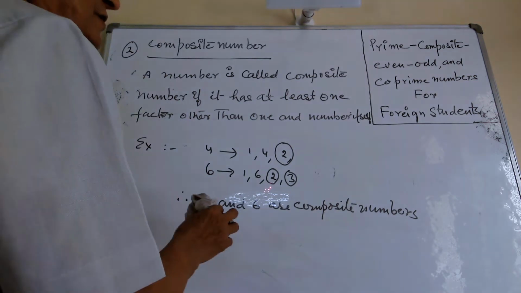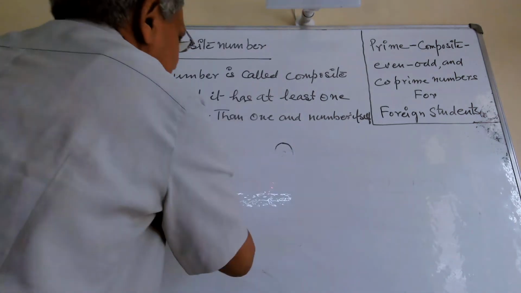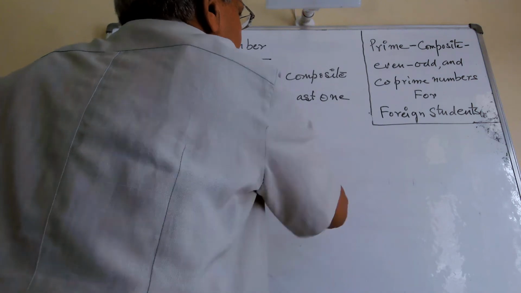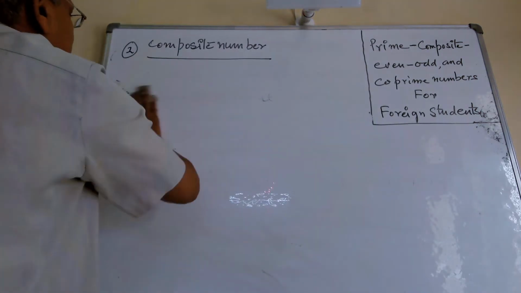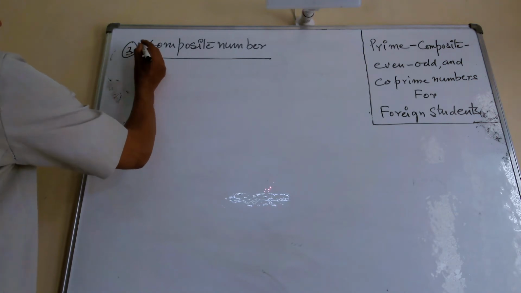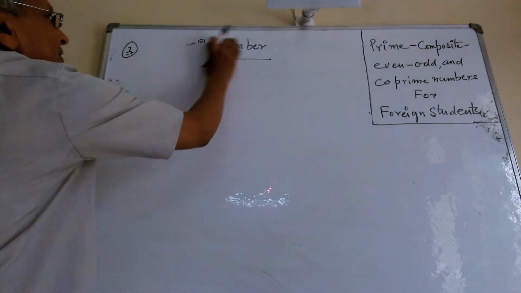Now next, co-prime numbers. Now, third definition, co-prime numbers.